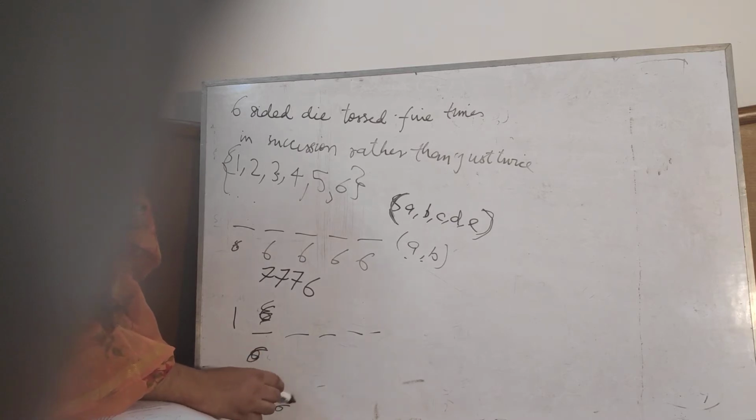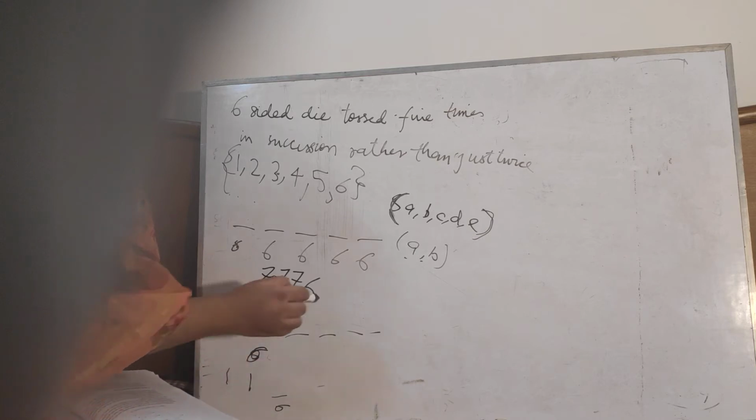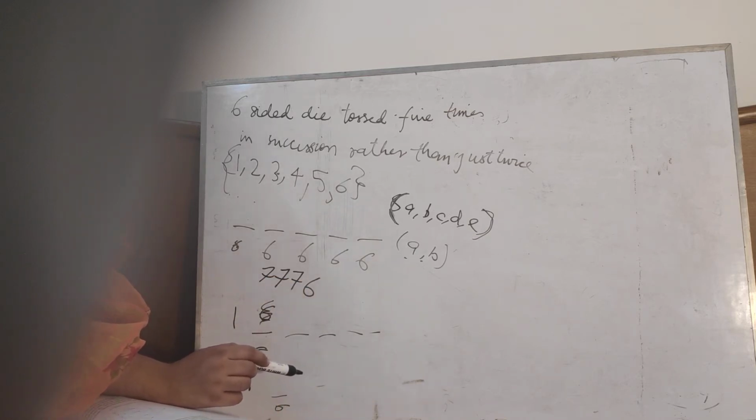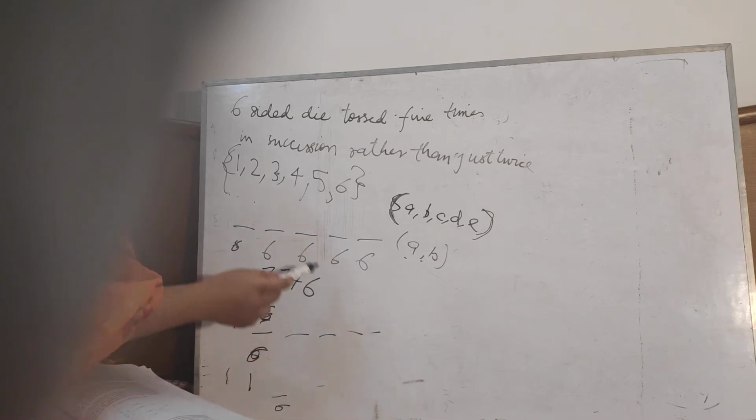Then you have 6 choices here. And then you take 1, 1, 1. You have 6 choices here. So overall, how many variations can you have in this ordered tuple? That would be your total number of outcomes.